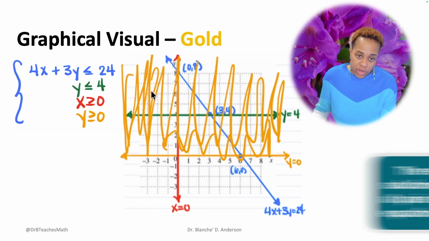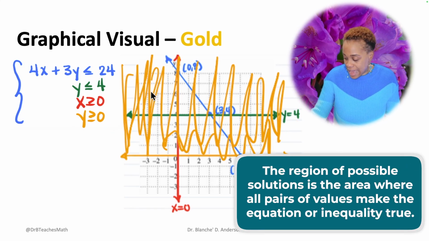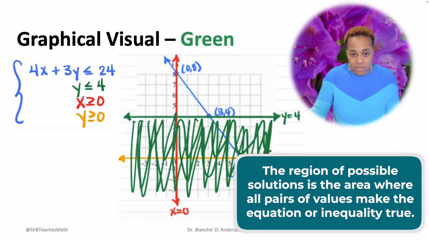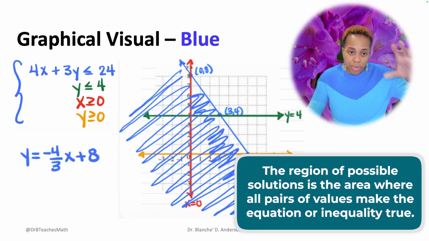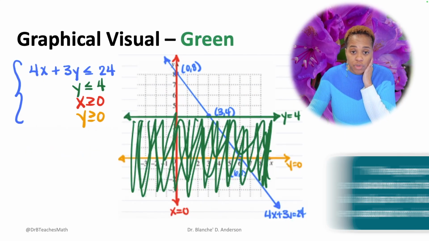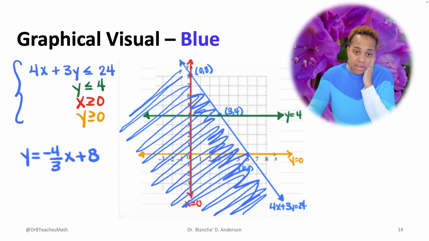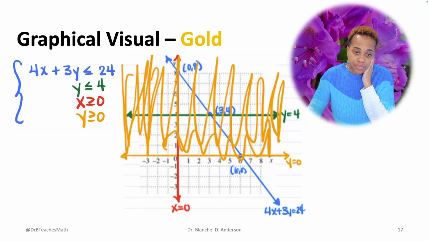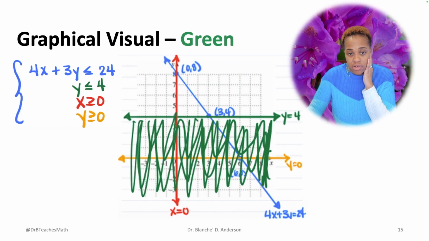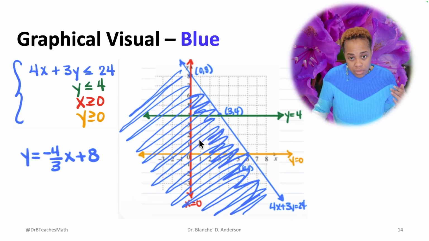Now, the region of possible solutions has to be where every ordered pair makes the equation true. So if you look at these, what is the common area that's shaded? So I'm going to put my cursor right here in the middle. Watch, this area is touched by every color.